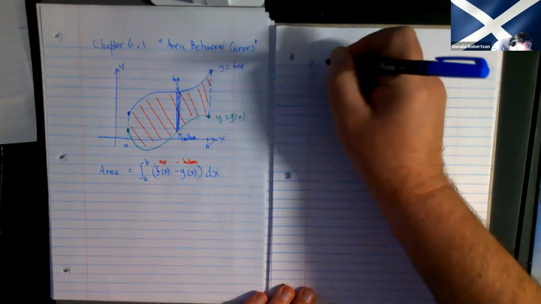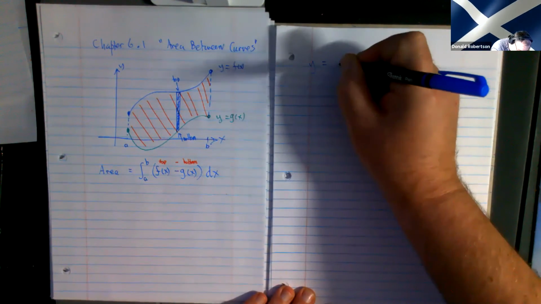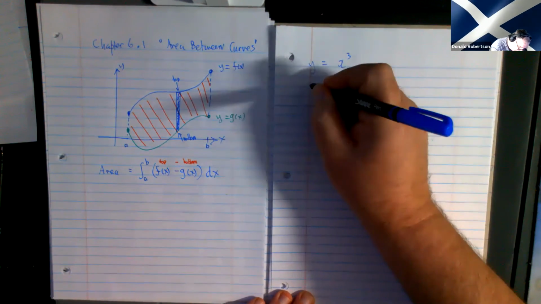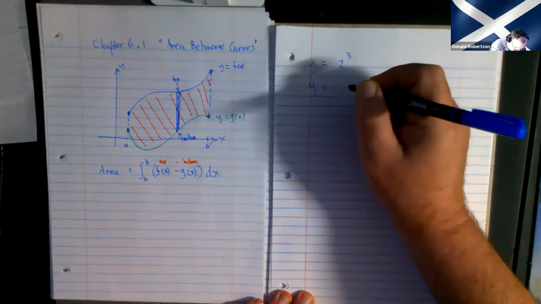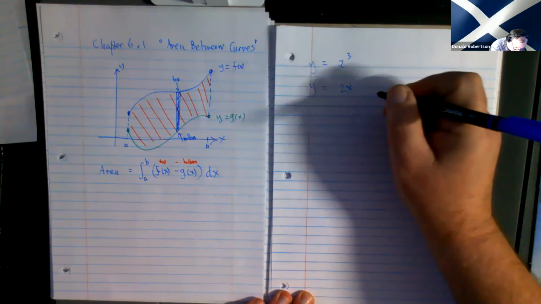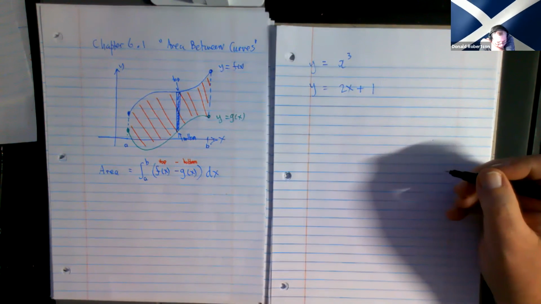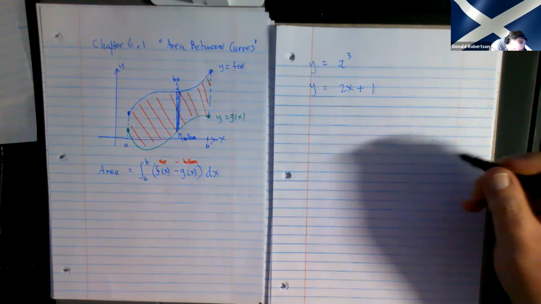So let's suppose we had y equals x cubed, and we had y equals 2x plus 4. I'm going to be doing something to this in a minute.